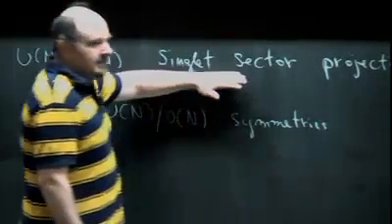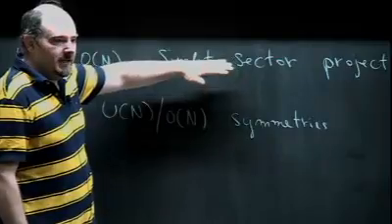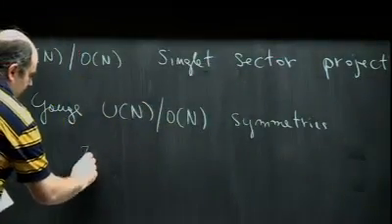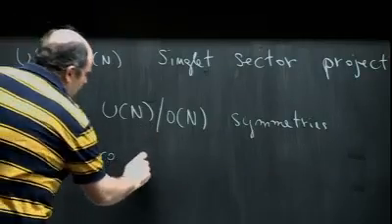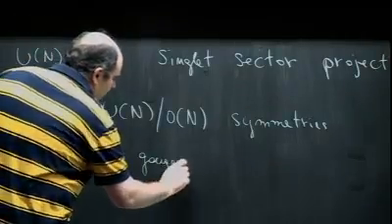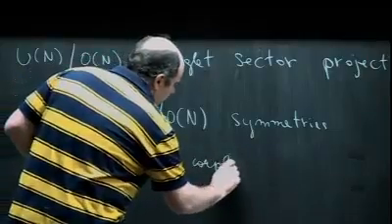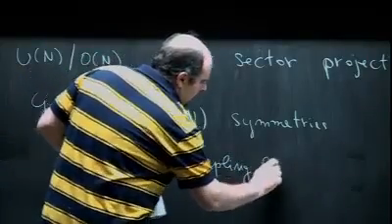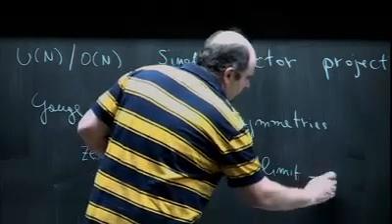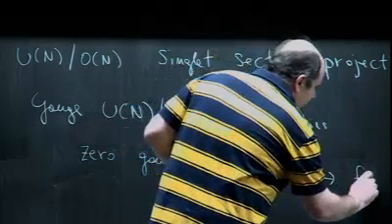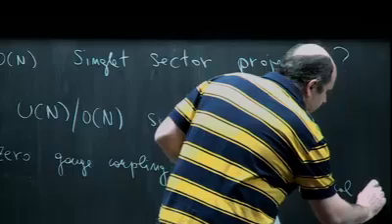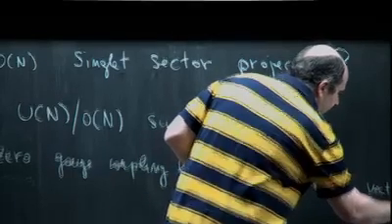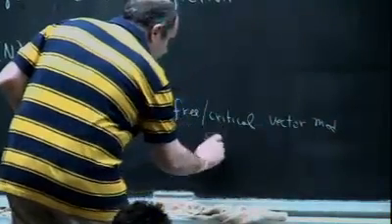And to define the singlet sector of those vector models that I described yesterday, we take the zero gauge coupling limit. We take a limit in which we make the gauge interaction weaker and weaker. So the zero gauge coupling limit will give the free or critical vector models in their singlet sector.